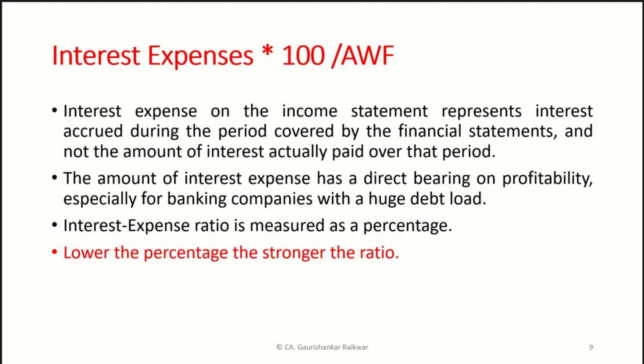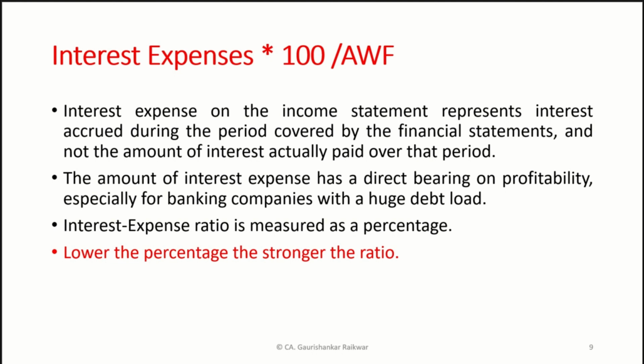The amount of interest expense has a direct bearing on profitability, especially for banking companies with a huge debt load. The deposit is a kind of debt for the bank; though they accept it as a deposit, it is a debt for a bank. Whatever amount is spent on interest expense gives an indicator of how much the bank is spending compared to other banks.